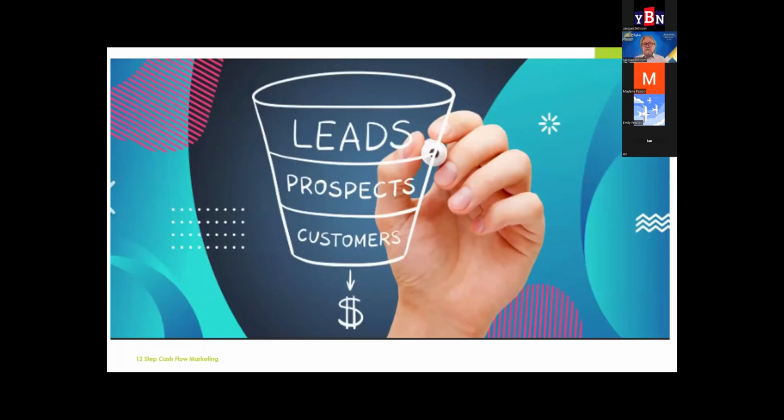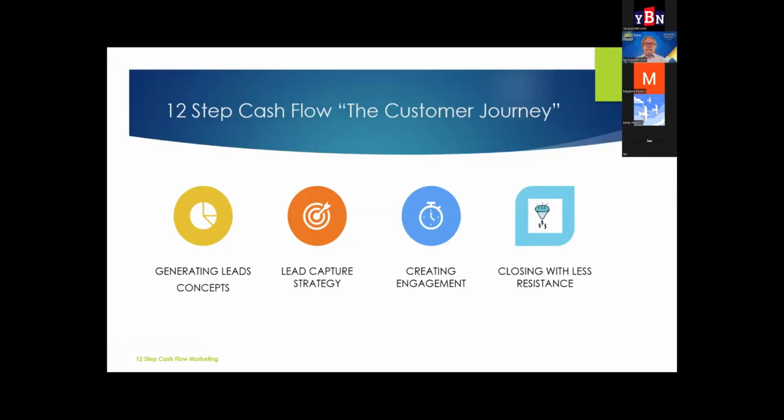So leads become prospects and prospects become customers and customers is cash flow, right? Strangers into friends, friends into family. We're going to have a conversation today about how you can generate those leads, how you can capture them, how you can create engagement, and how you can close them with less resistance.